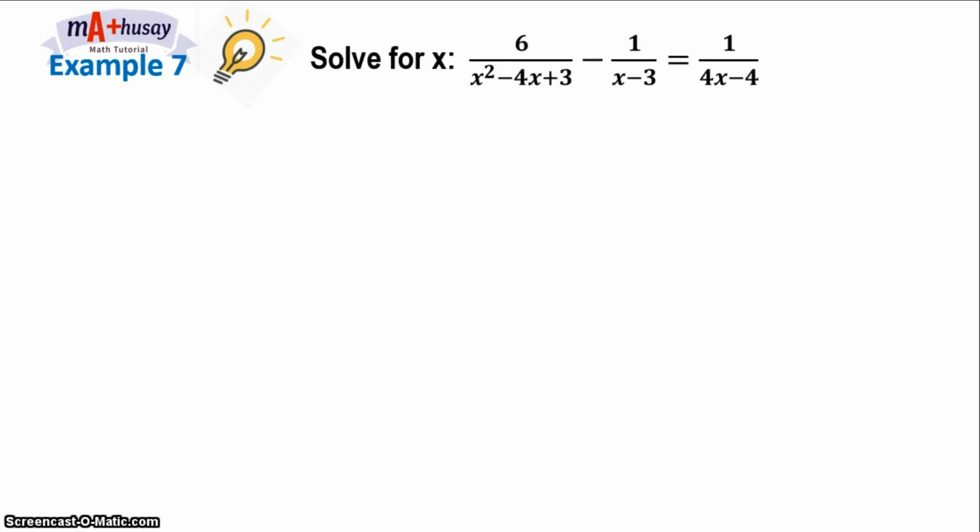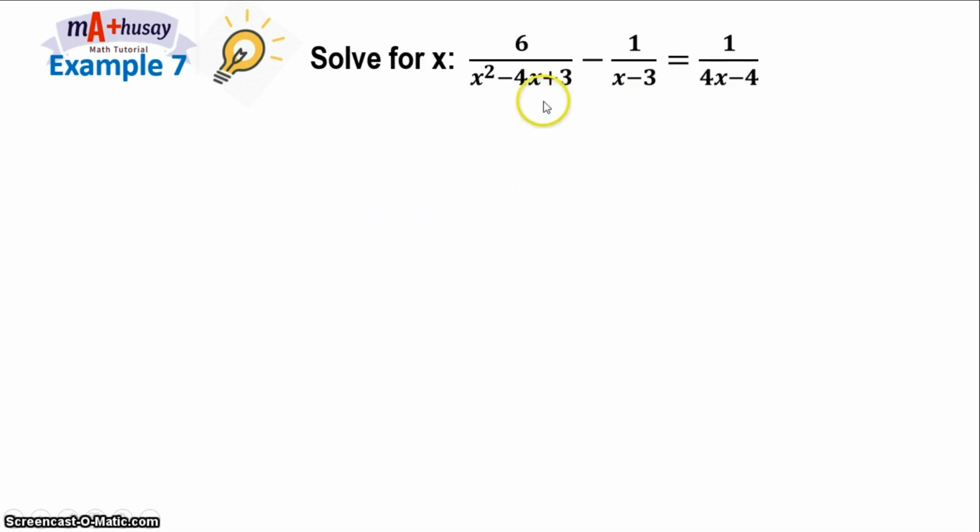6 all over x squared minus 4x plus 3 minus 1 all over x minus 3 equals 1 over 4x minus 4. So, in this case, mapapansin ninyo na meron tayong polynomial expression na pwede nating i-factored out.